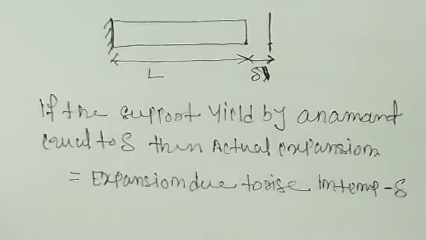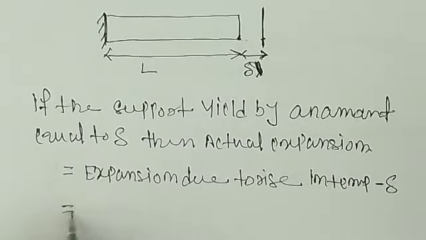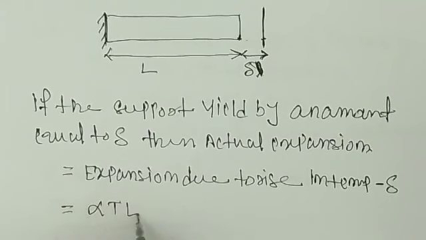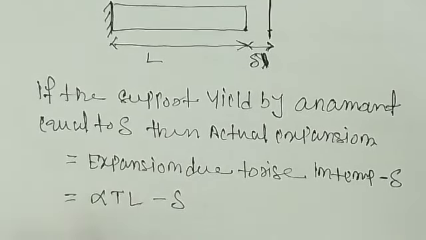The expansion due to rising temperature is alpha TL, so alpha TL minus delta. This is the expansion we got because of the yielding support, right?